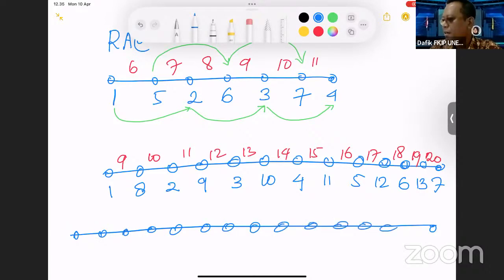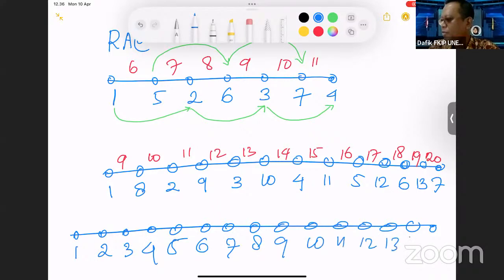Okay, no problem. Then you can say 1, 2, 3, 4, 5, 6, 7, 8, 9, 10, 11, 12, 13, 14, 15. Then 3, 5, 7, 9, 11, 13.